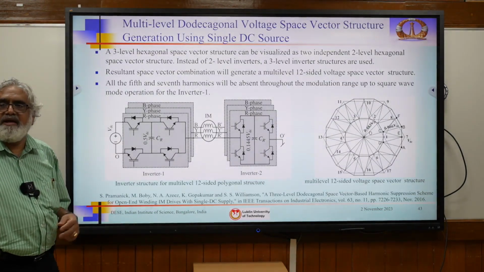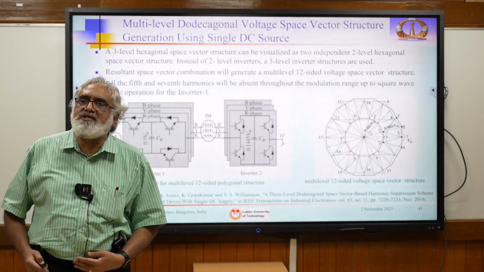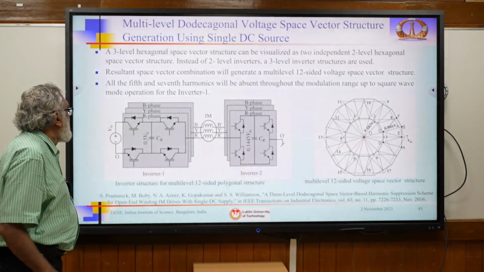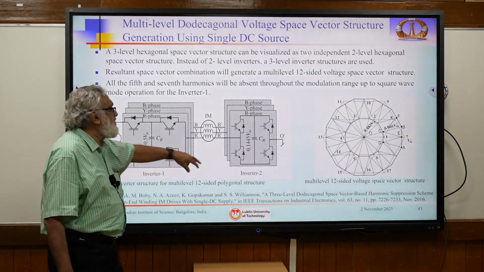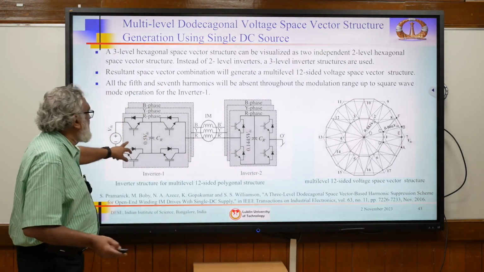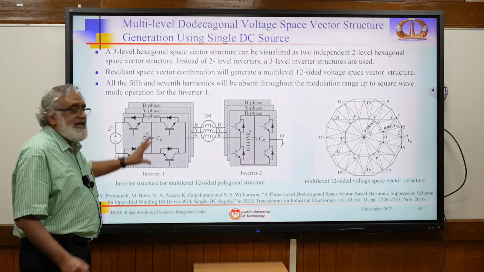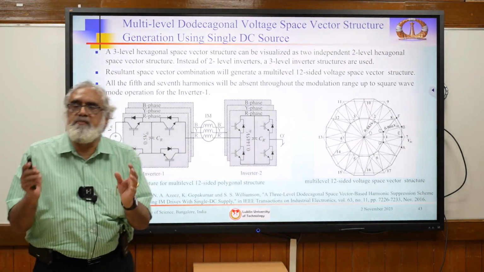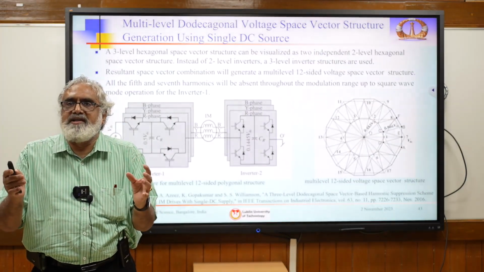See, if you can have a 12-sided polygon, can you have a multi-level 12-sided polygon? Then, instead of a 2-level H-bridge, you can get a 3-level structure. This is also a 3-level structure. So a 3-level structure can be visualized as a combination of 2-level structures with VDC by 2.